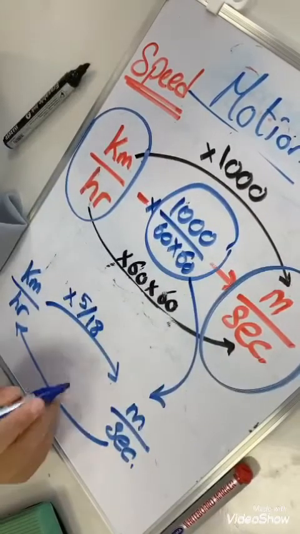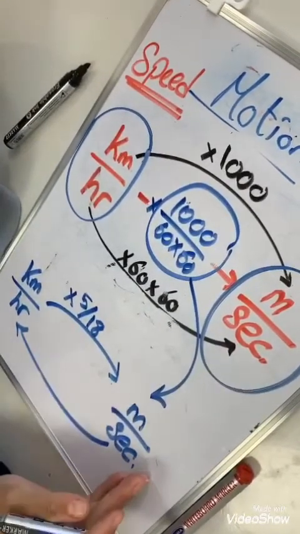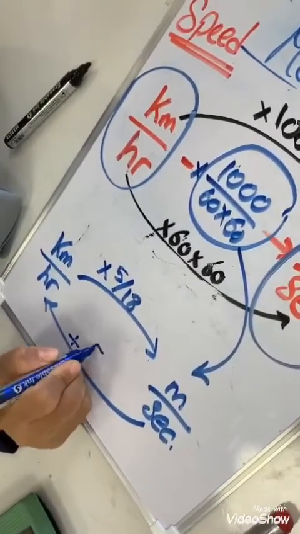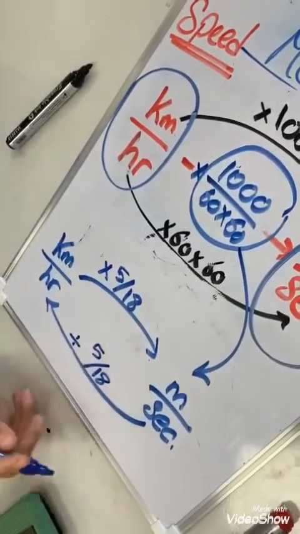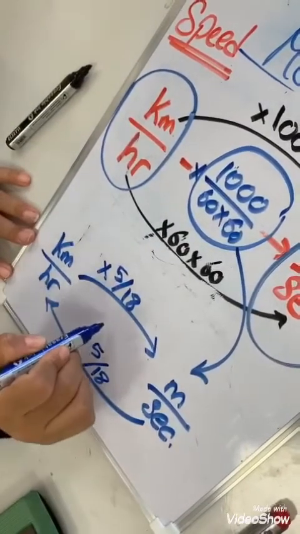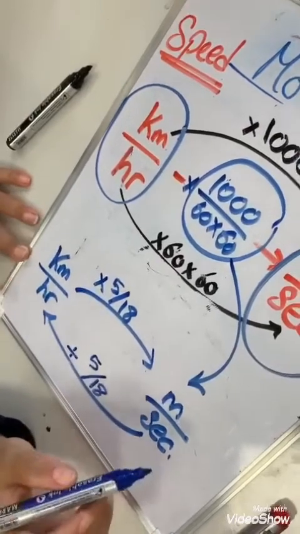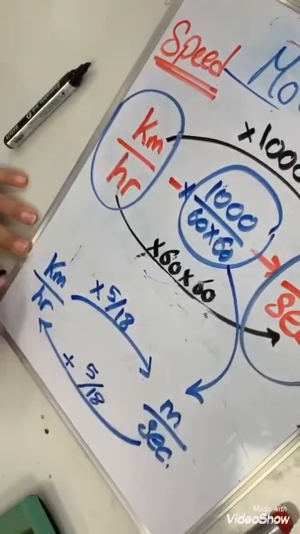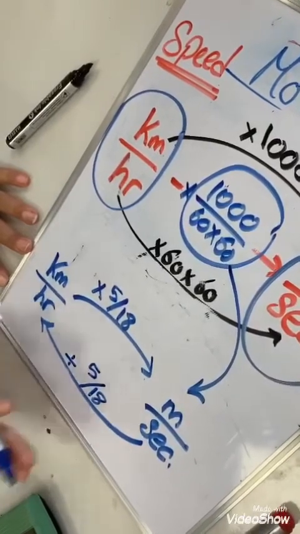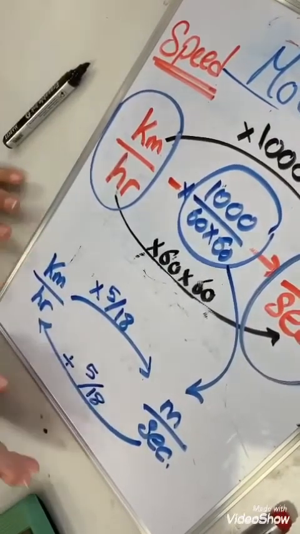And when I need to change from the small unit to the big unit, what will I do? Divide by 5 over 18. So when I change from kilometer per hour to meter per second, I do times 5 over 18. When I change from meter per second to kilometer per hour, I do the opposite, which is divided by 5 over 18.